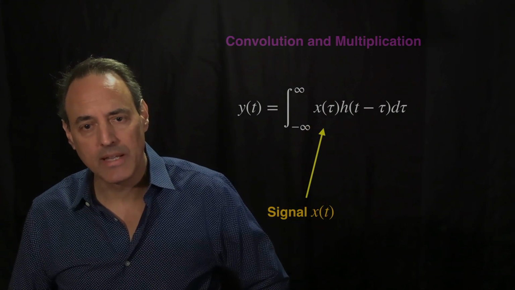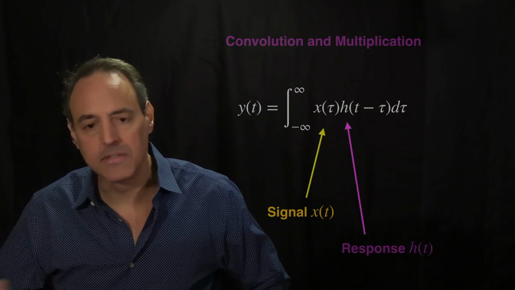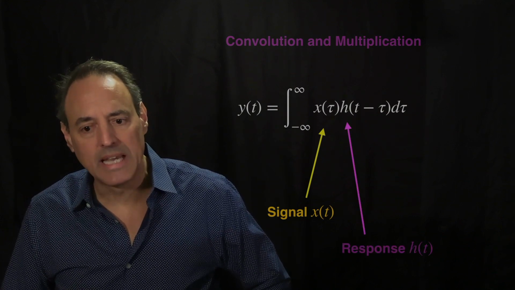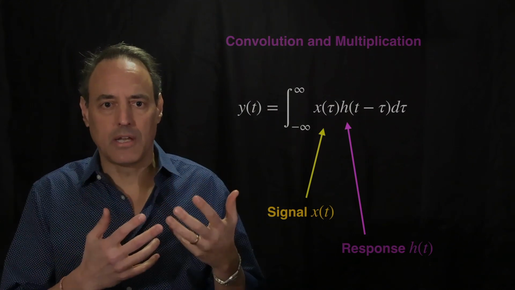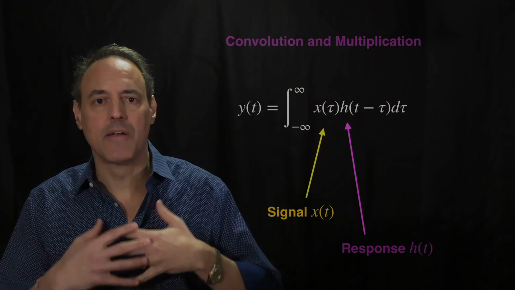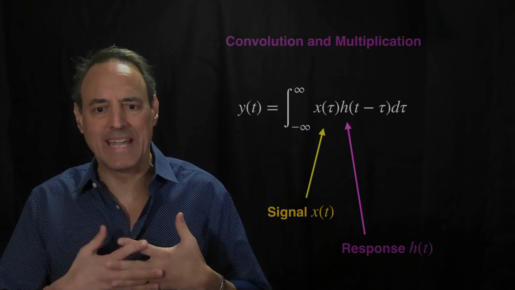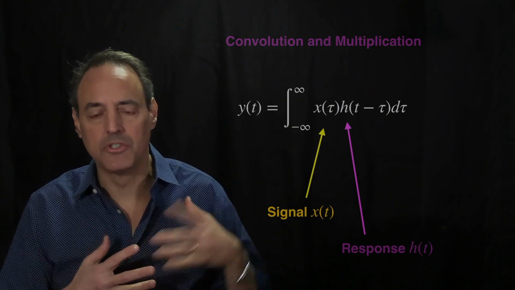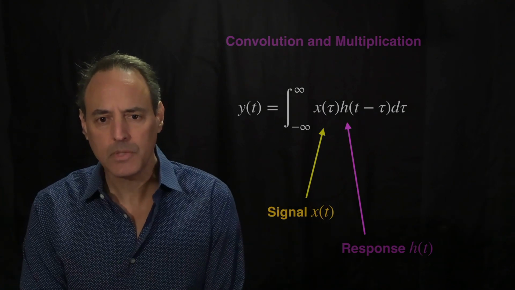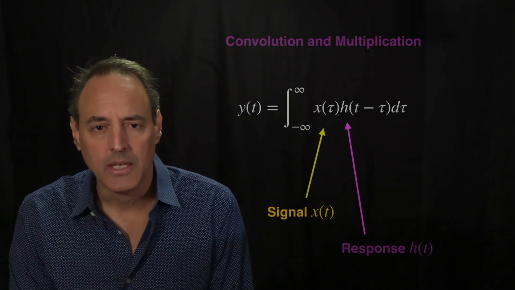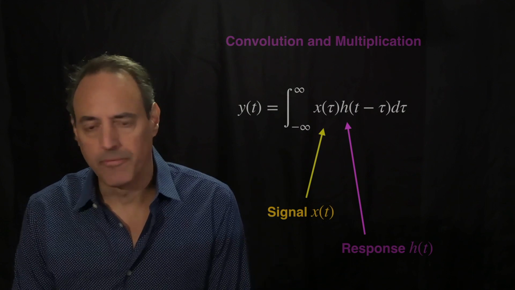And we're integrating that signal against the response h of t. So in other words, I put in a signal to the LTI system. I have this fundamental unit response h, and our solution was just this convolutional integral right here. Okay? So the question is, how does this relate to the Fourier transform?